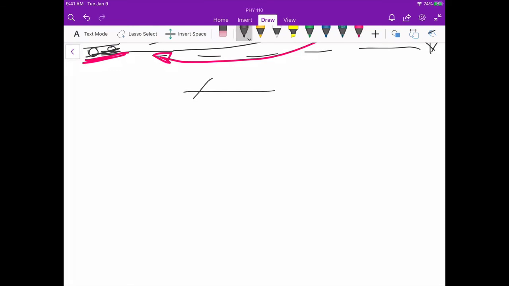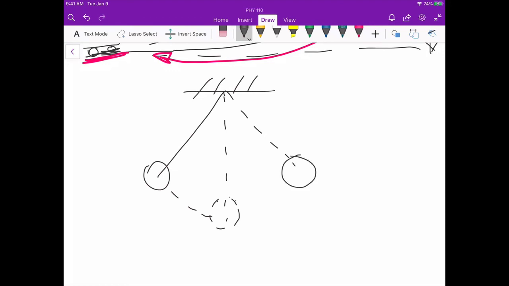Same thing may apply for a pendulum. You hold a pendulum right here, and then you let it swing. It will pass that and come to here. Let's say this is relative to the bottom part.